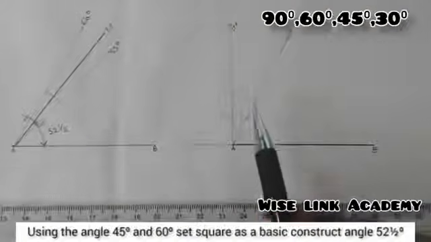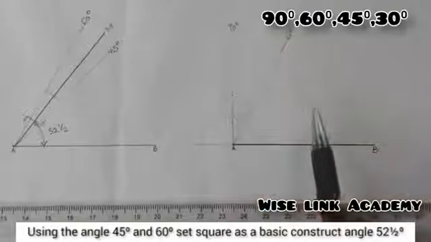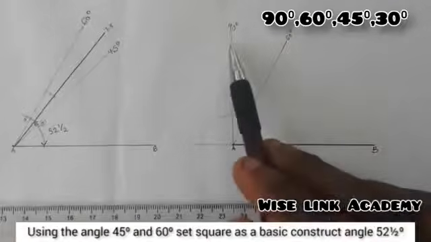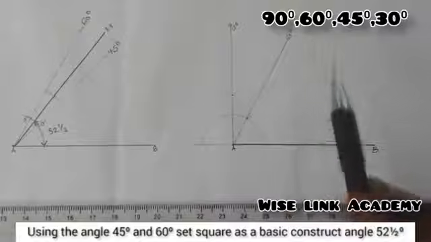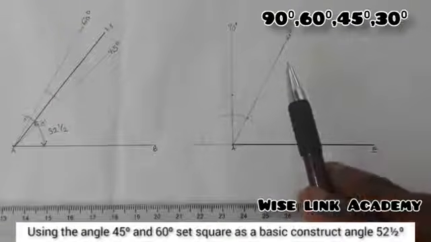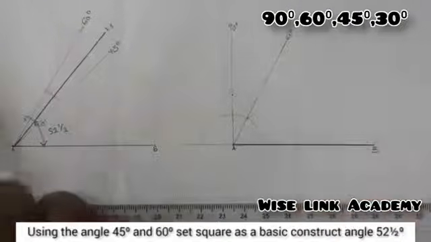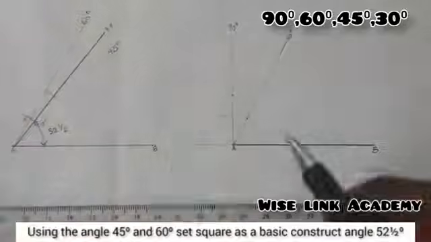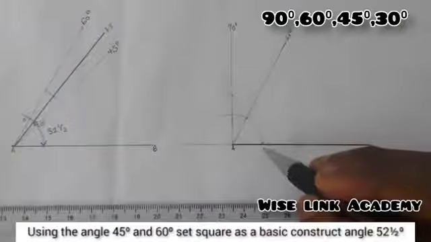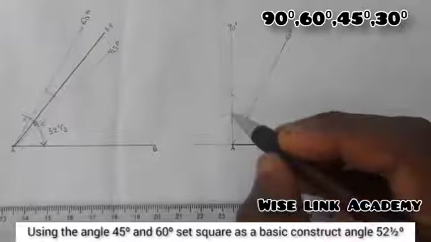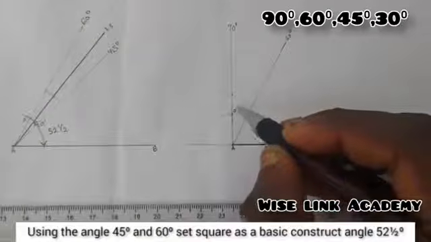Now we know that for me to get 45, I need to bisect 90, because we know that 90 divided by 2 is 45. So therefore, I will take my compass. I will call this point here point A prime, and this point here A prime prime.